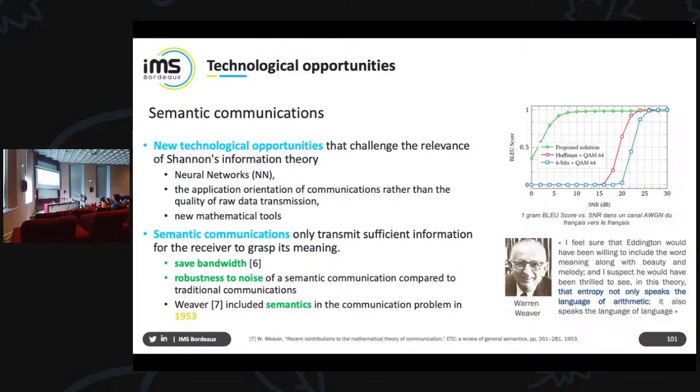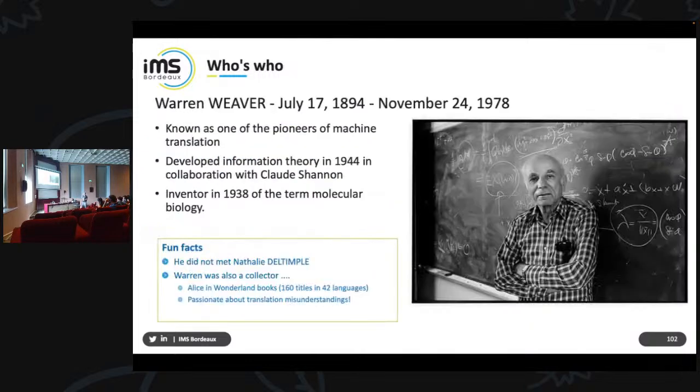It will be more robust to noise. That means your circuit doesn't have to be perfectly linear. Remember, Monday night at that dinner, there was so much noise, but we were able to understand each other because what you are saying has some meaning for the one listening. This is exactly what Weaver said. The only thing he didn't have was the technology at that time.